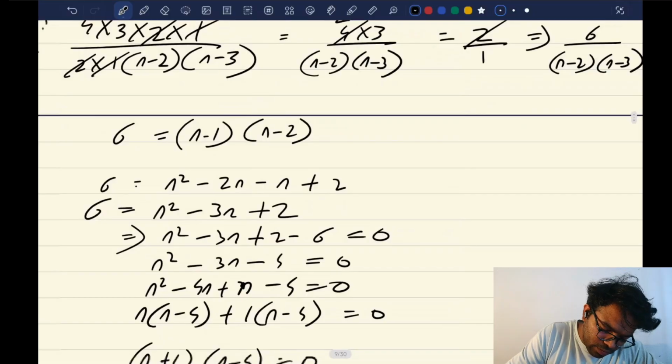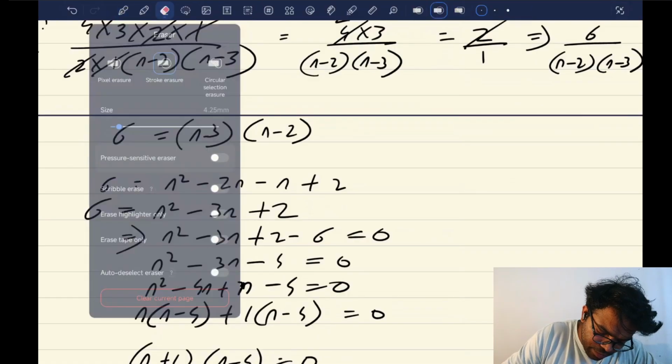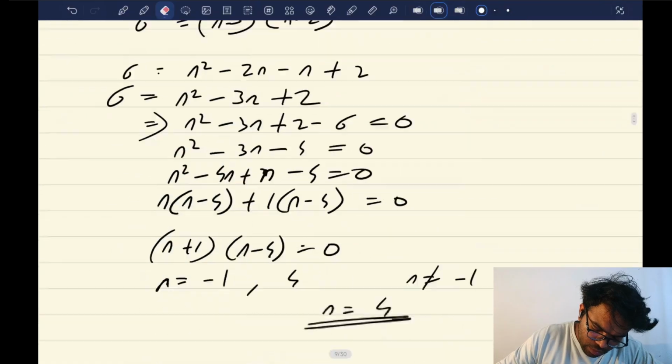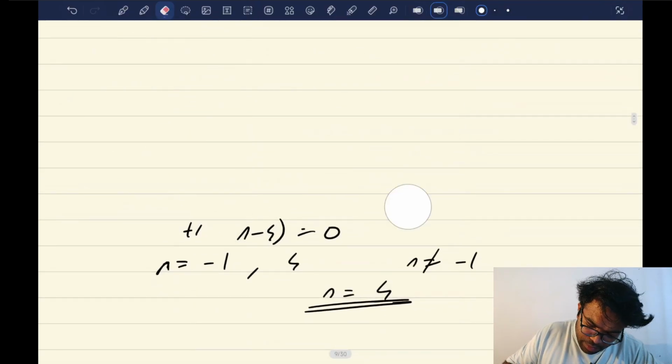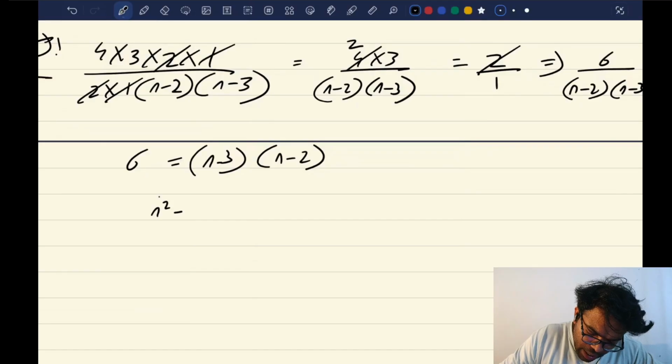Okay, so we have n square minus 2n minus 3n plus 6 is equal to 6.